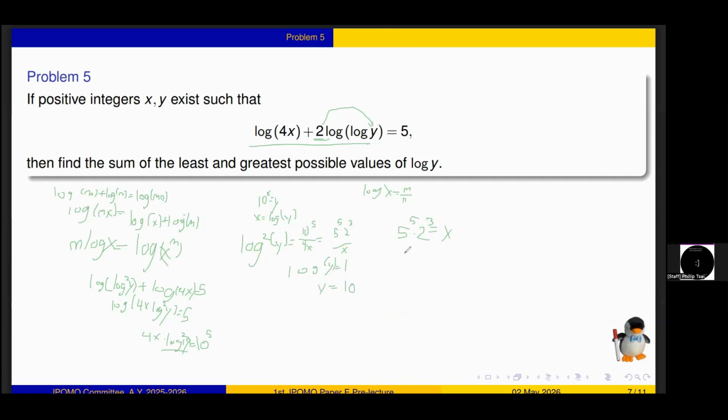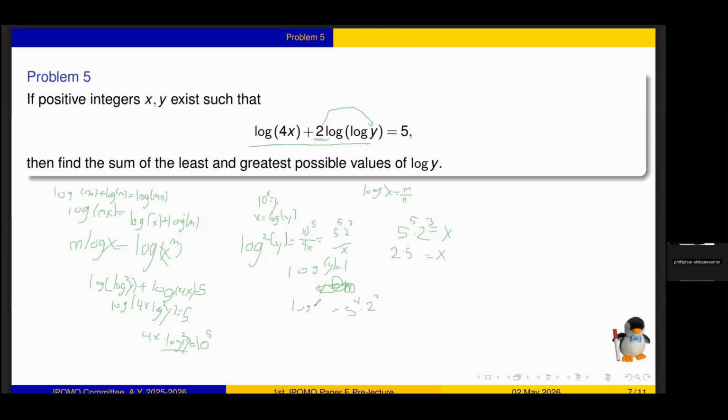Or x is the smallest value possible, which is 2 times 5, which is 10. Where we have 5 to the 4 times 2 squared for log squared of y. I'm sorry, log y is equal to 1. We don't care about y actually. I mean, we can use y, but it's going to be really large. So we just need log y here.